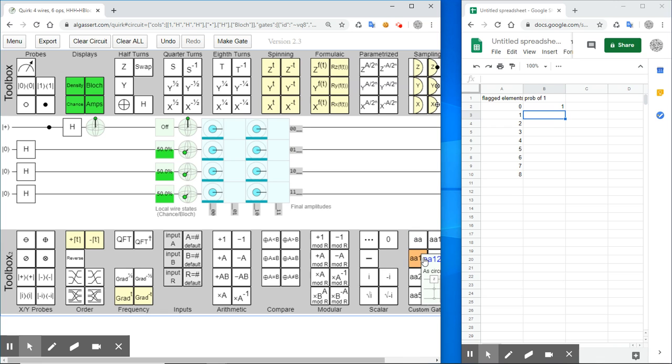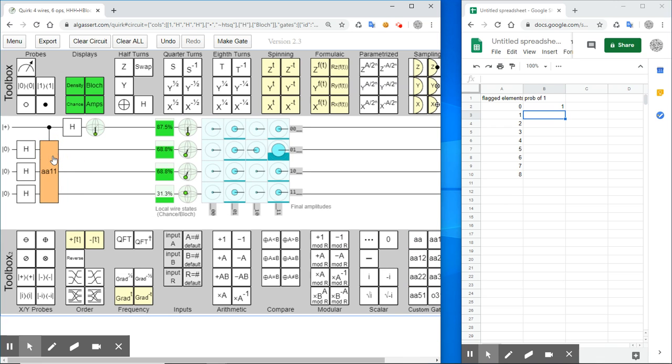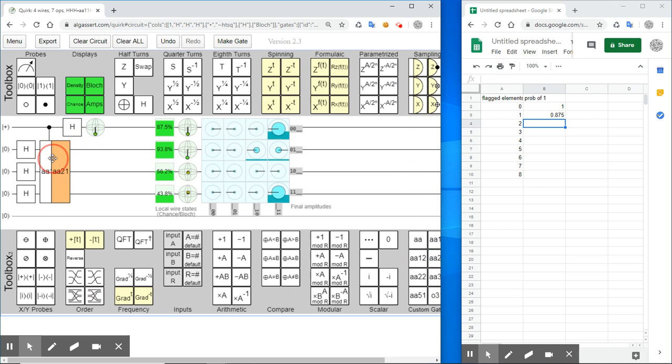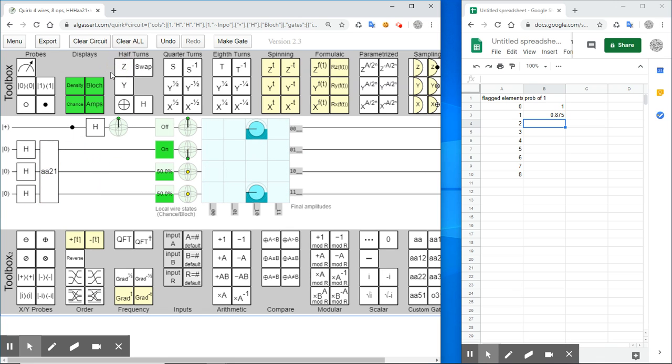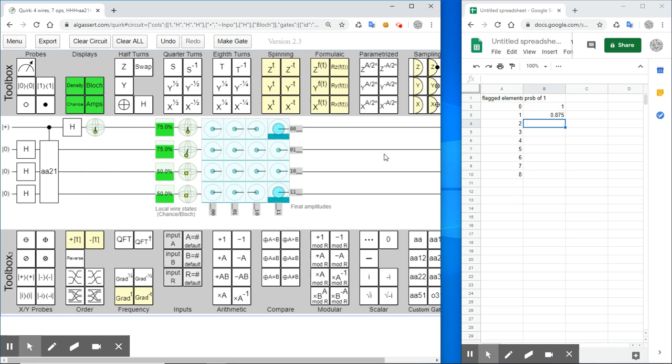With 1, we've got 0.875. With 2, we've got 0.75.